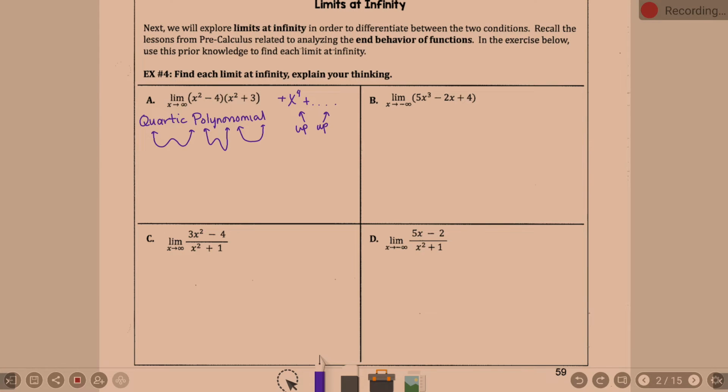Up to the positive infinity. The limit as x approaches infinity of x squared minus 4 times x squared plus 3 is positive infinity. And you could do that pretty quickly, couldn't you?